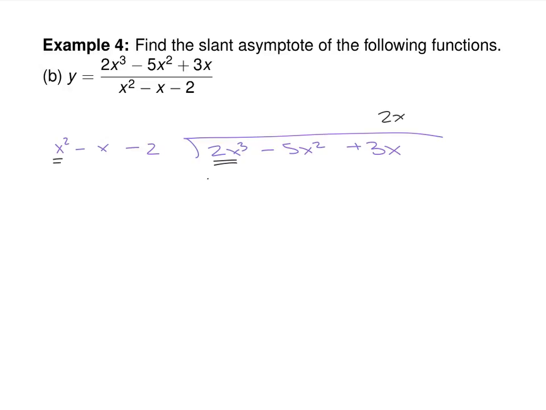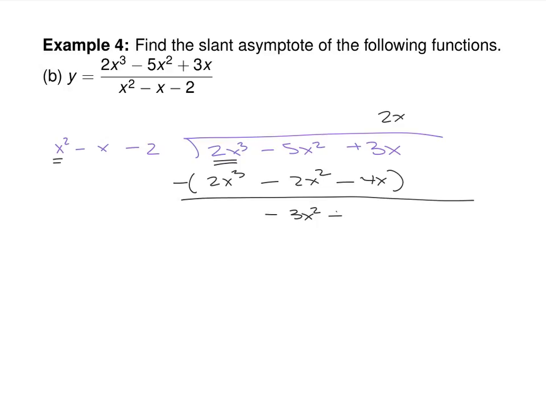So 2x cubed minus 2x squared minus 4x, and then you take that away, and that negative will distribute to every term. So the 2x cubes are gone, right? You killed off one thing. How many x squareds are left? Negative 3x squared, does that make sense? And how about the whole x's plus 7x? Is that okay?